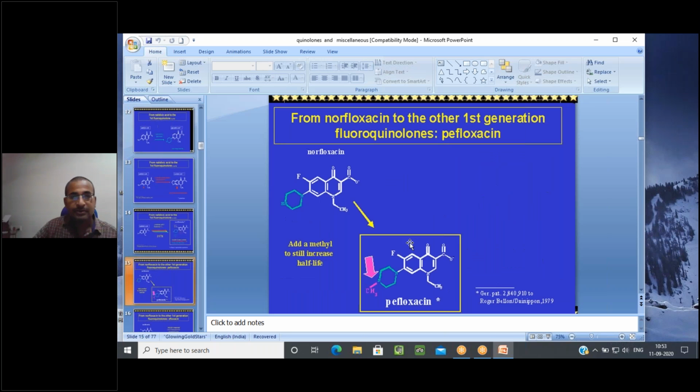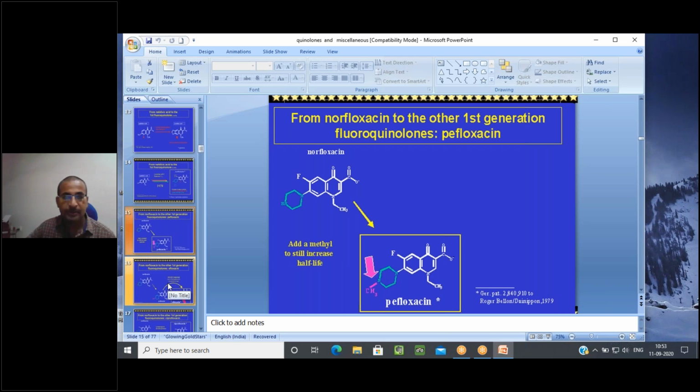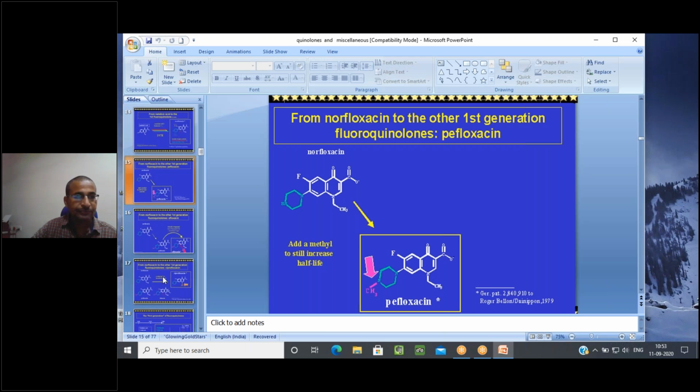I put these slides so that we can remember. From norfloxacin to other first generation fluoroquinolones, by adding a methyl moiety to increase their half life. That is the kinetic profile, by impacting their kinetic profile.